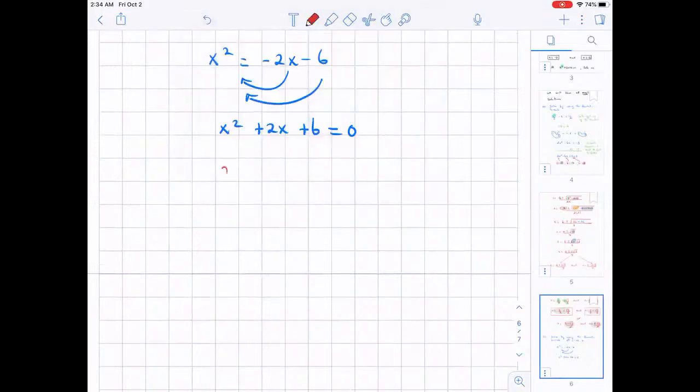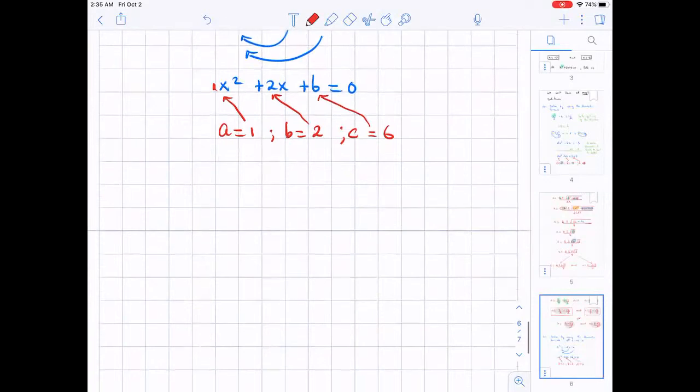So a here is now equal to 1 because there's an invisible 1 there. Okay. B is equal to positive 2 because of this here. And C is equal to positive 6 because of that term here.